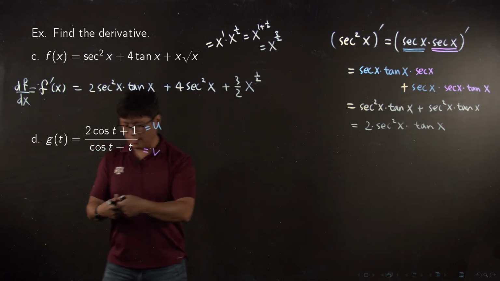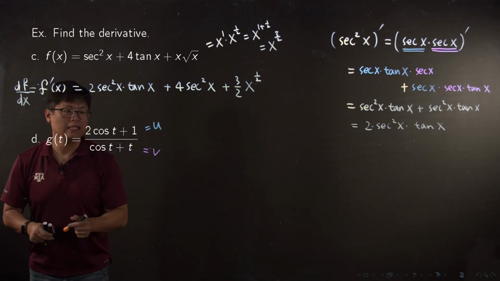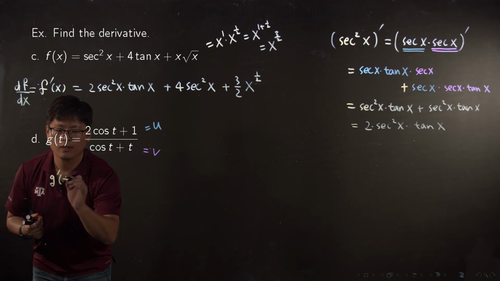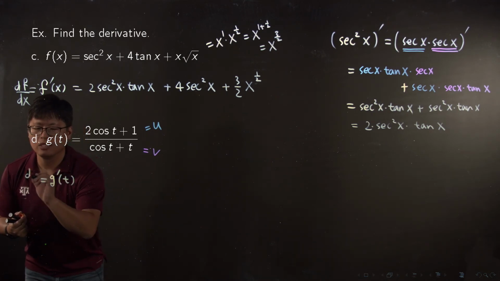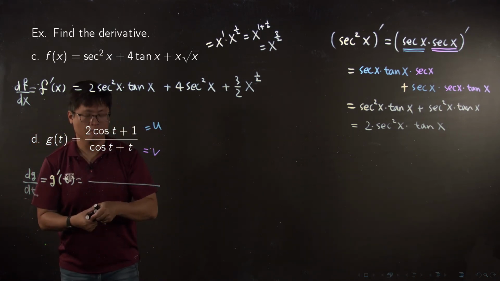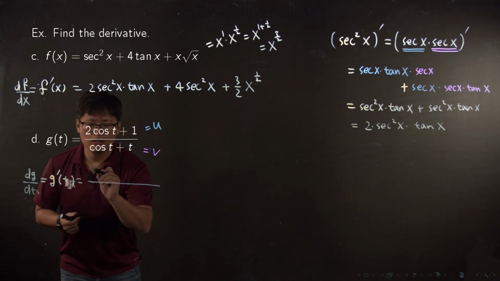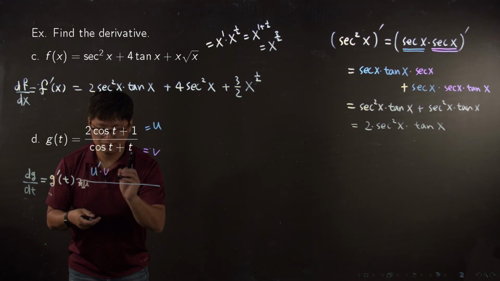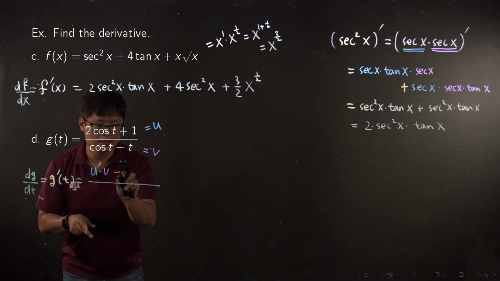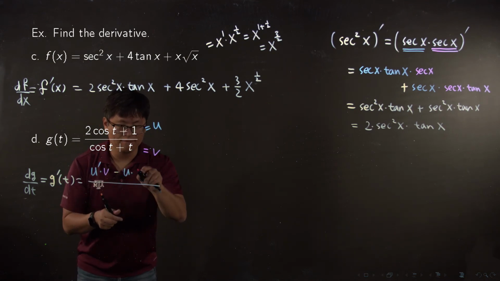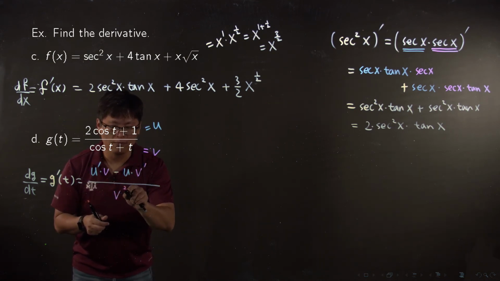Then g prime t, or in Leibniz form dg over dt, is equal to the four-piece puzzle: u prime times v minus u v prime over v squared.